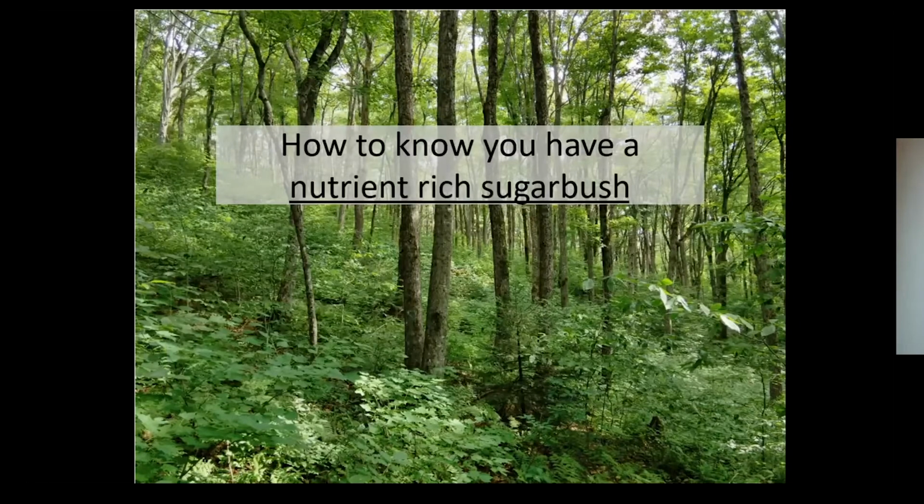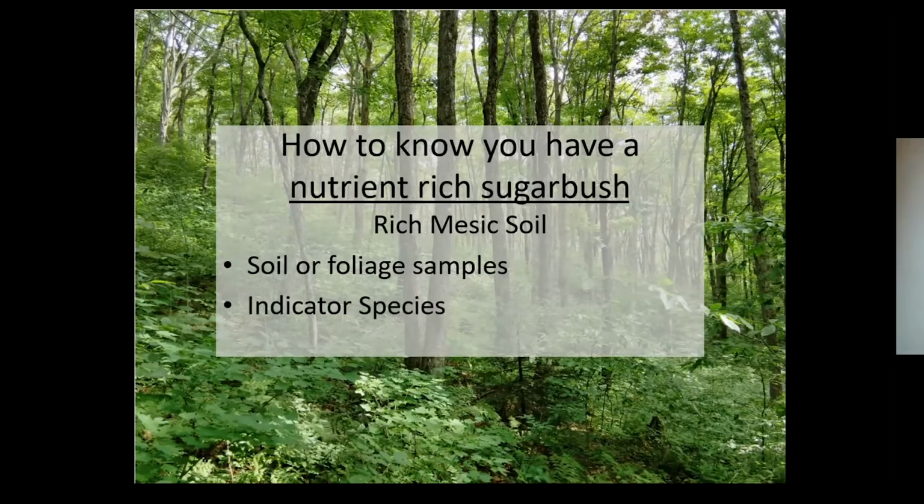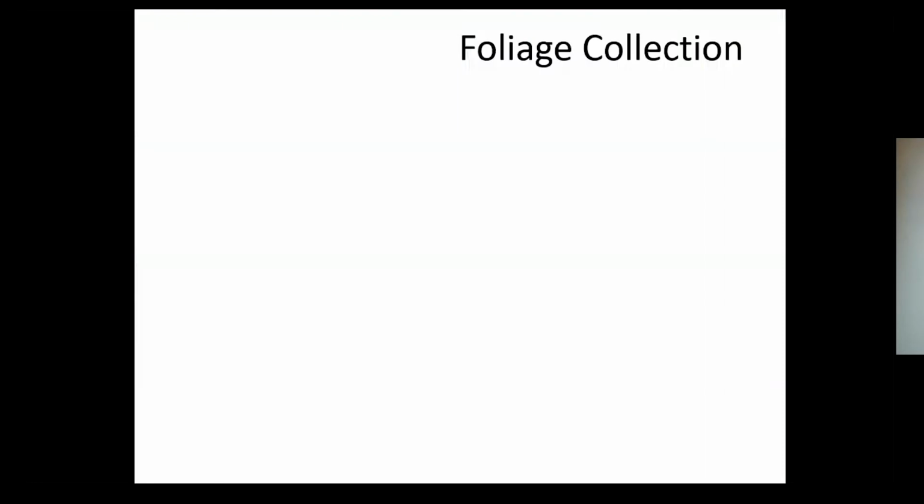So how do you know if you have a nutrient-rich sugar bush? We know we want these rich mesic soils, but the best way is to do either a soil or foliage sample to see what you have available, or we can look at some indicator species.